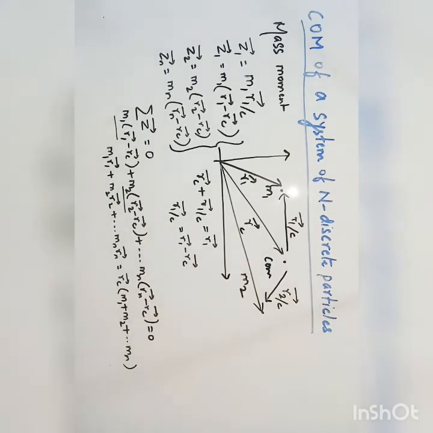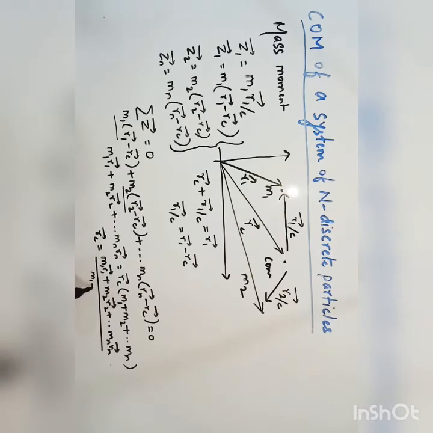All right. So from here we will get the rc vector, that is m1 r1 plus m2 r2 and so on up to mn rn vector, divided by the total mass, that is m1 plus m2 and so on plus mn.